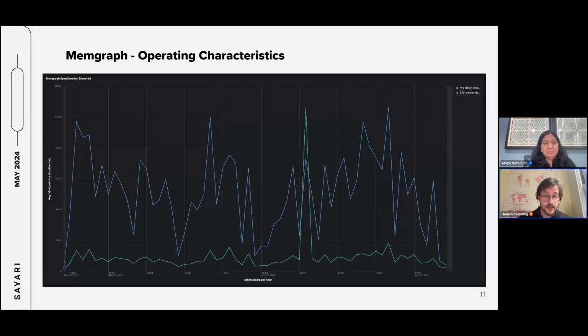As you can see here, average performance is actually quite good. A second and a half response time for very expensive queries that are likely exploring a graph space of hundreds of thousands or maybe millions of nodes, 1.5 seconds is a really good response time. But if you look at the 95th percentile, this jumps up to 5 to 10 seconds, and it's very variable at the 95th percentile.